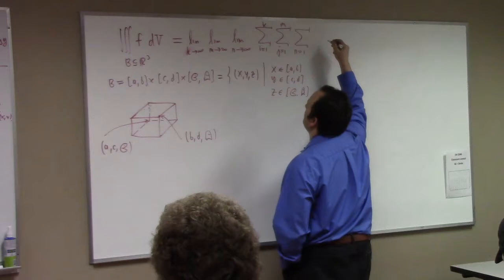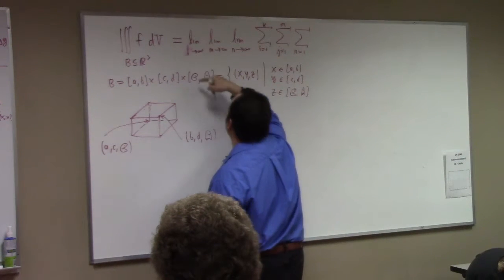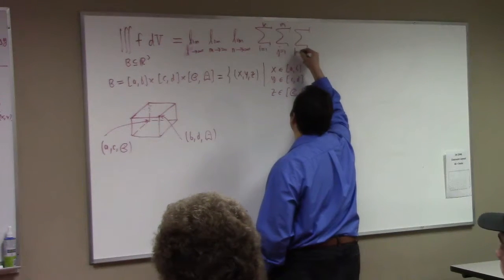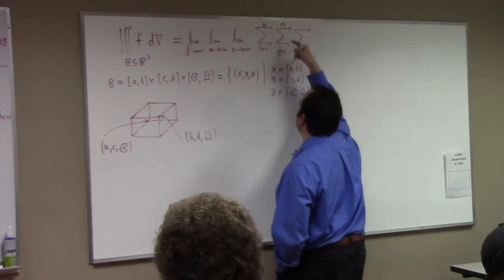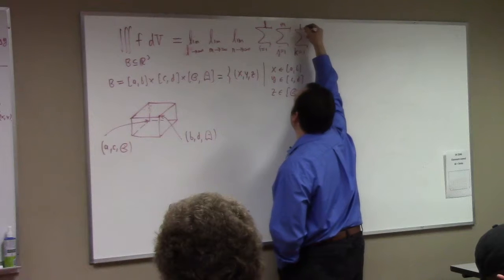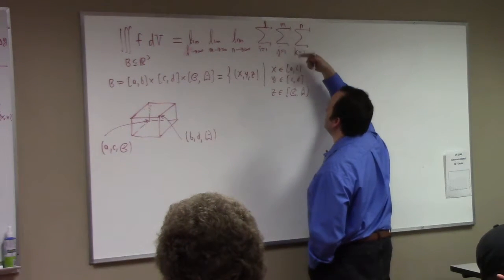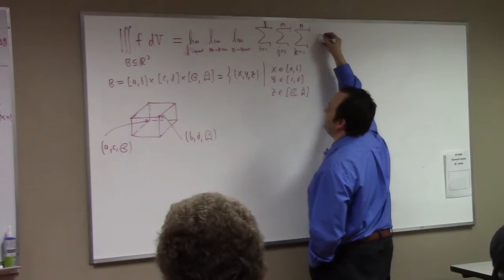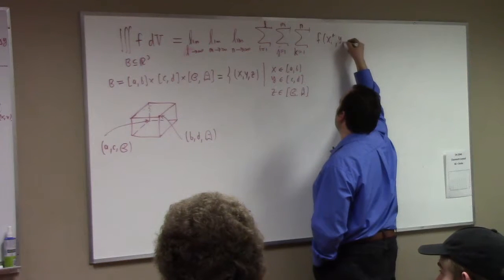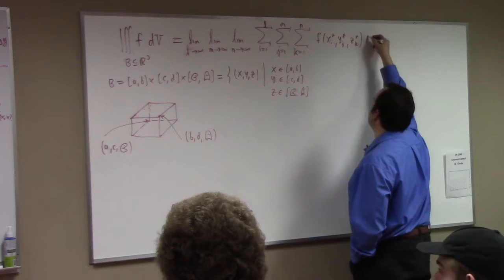Oh no, I should use L for the limit. Sorry about that. Limit as L goes to infinity, L, M, N. And here I'm going to do i, j, k for summation variables. Sorry, poor planning on my part. Sum over i, j, k, ranging from 1 to L, 1 to M, 1 to N. And then you do f of a sample point, x sub i star, y sub j star, z sub k star, delta x, delta y, delta z.